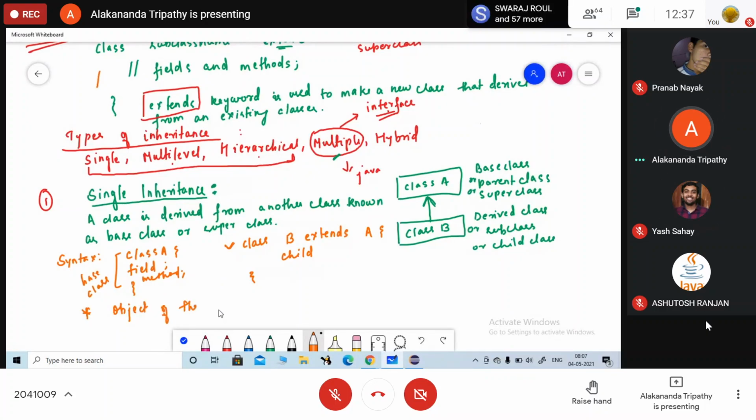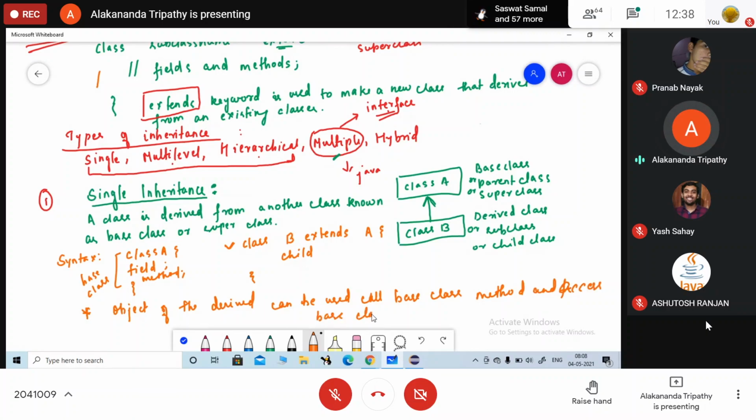Objects of the derived class can be used to call base class methods and access base class fields or variables. Okay.